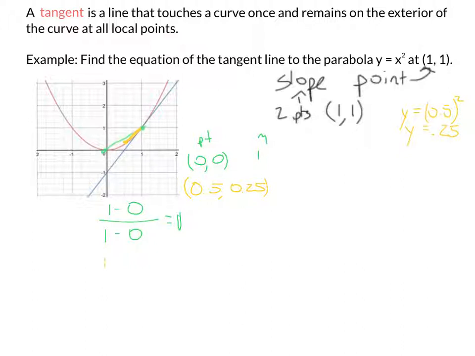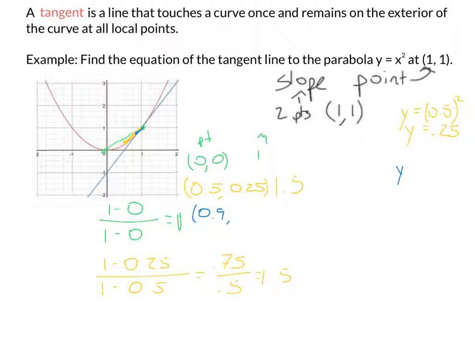And let's do our work on that. So I'll subtract my y values. I'll subtract my x values. In the numerator we get 0.75. In the denominator we get 0.5. And this would simplify into 1.5. So my slope here is 1.5. Let's pick another one that's even closer yet. Let's get super close. Let's try like 0.9.